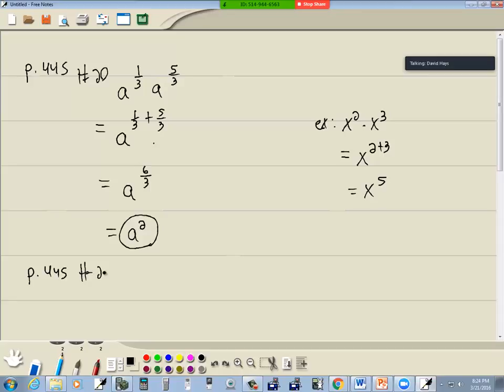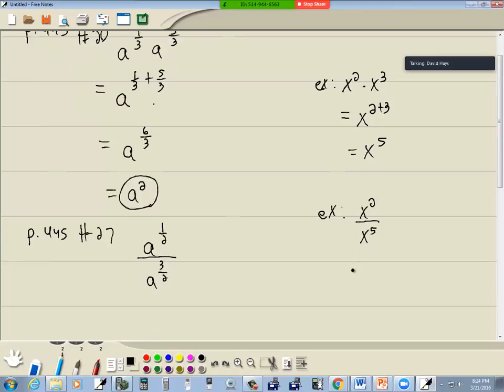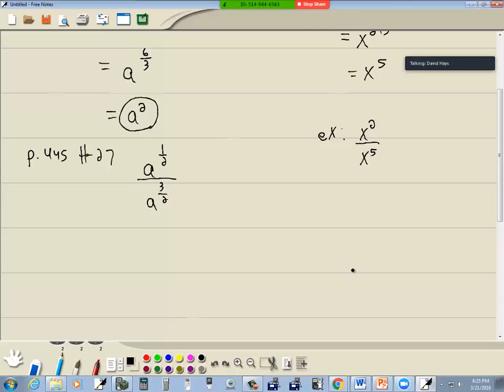Let's take a look at number 27. We've got a to the 1/2 over a to the 3/2. Well, let's refresh our memory. When we had problems where we had x squared over x to the fifth, we subtracted the smaller exponent from the larger one.